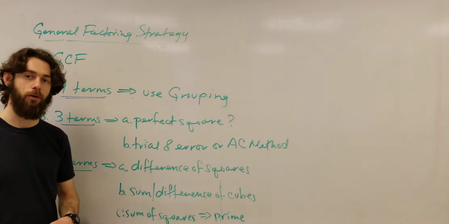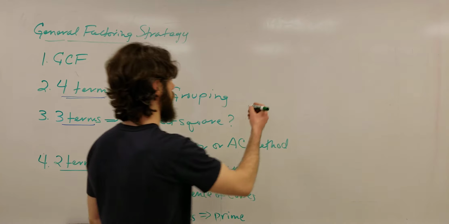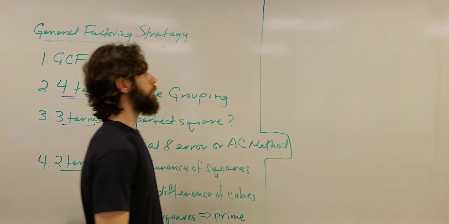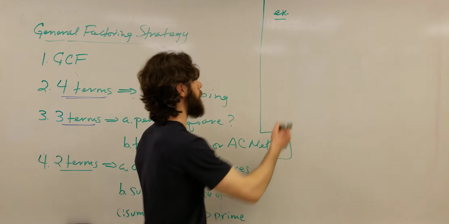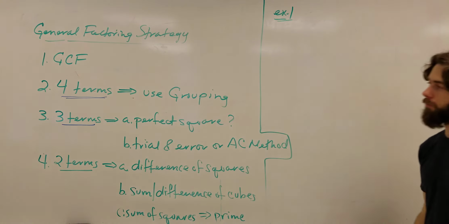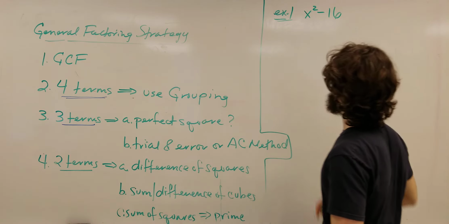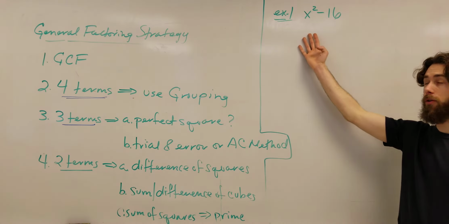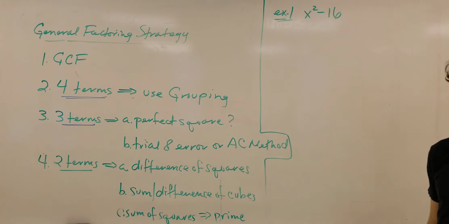I think now we should go through and just work several examples. Okay, example 1. x squared minus 16. First check for greatest common factors. The greatest common factor is 1, so nothing we can pull out.